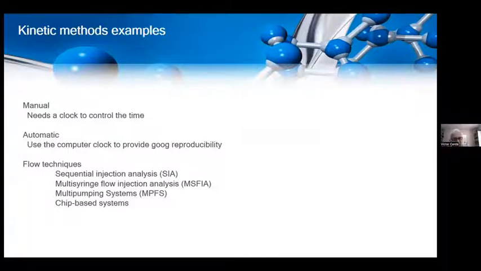It has the advantage that you are using the clock of the computer, and this provides a very good reproducibility. And you can improve the automation of this method using different kinds of flow techniques. For example, sequential injection analysis, flow injection analysis, multi-syringe flow injection analysis, multi-pumping system, chip-based systems.